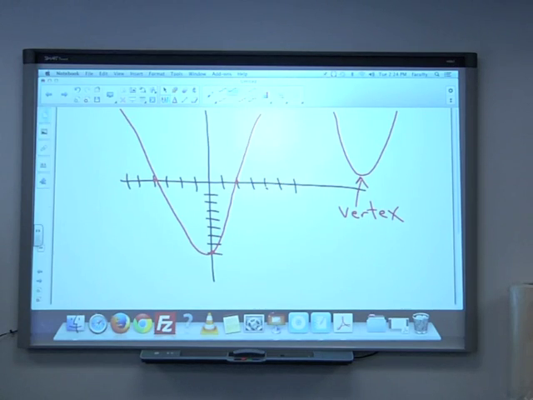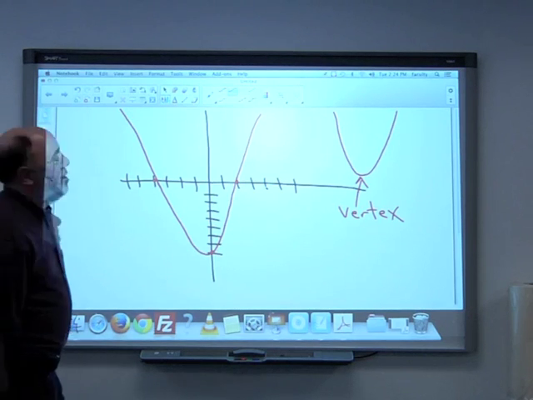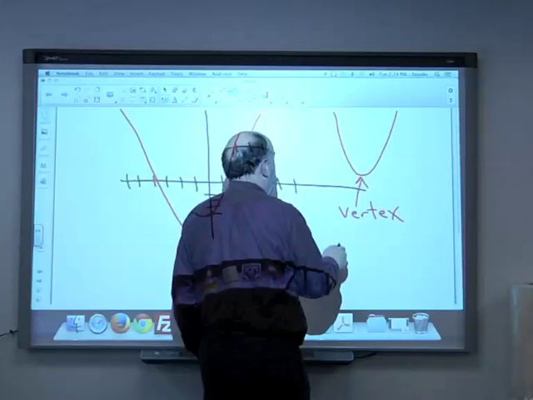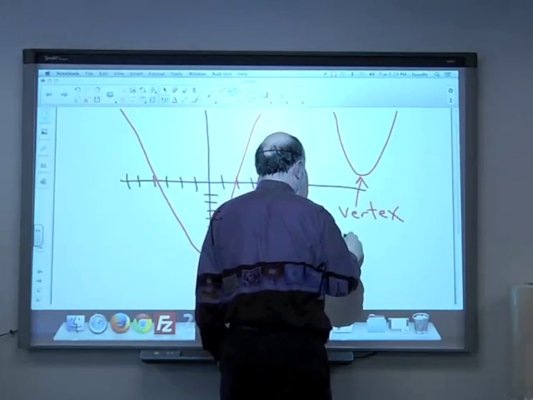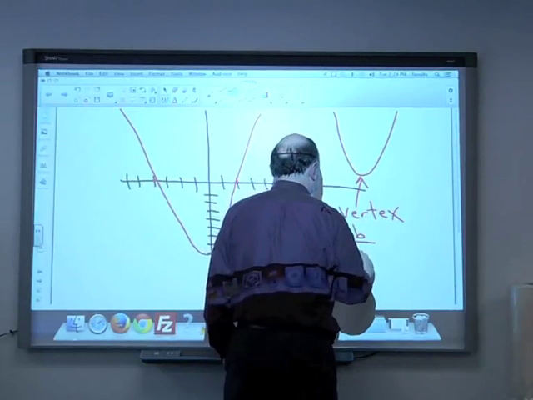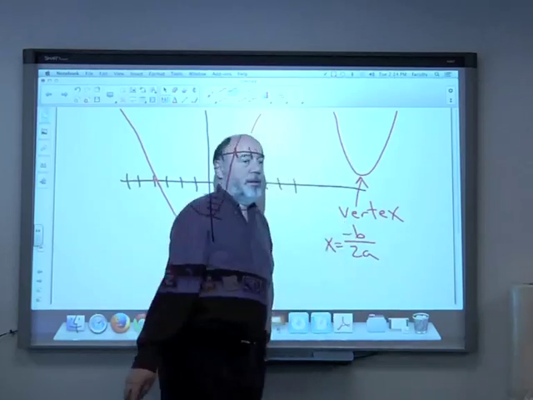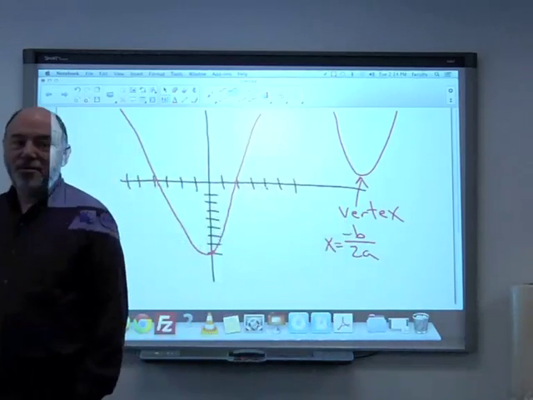The bottom of that curve or the top of the curve, depending on which way your quadratic is going, that's the vertex. The x-coordinate of this will be given by minus b over 2a.